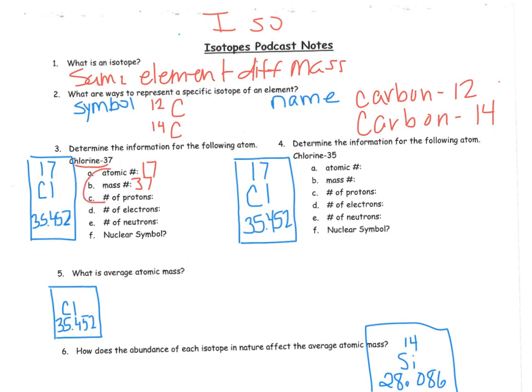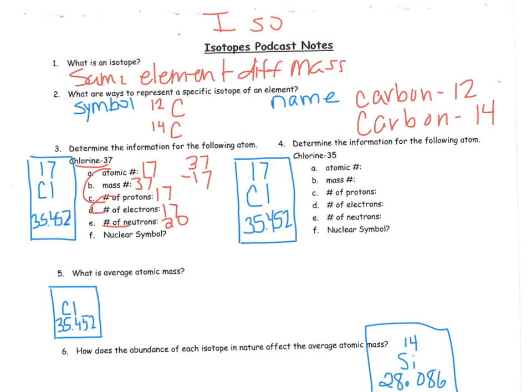These are always equal, so it has 17 protons. And for our purposes right now, protons equal electrons, and so there's also 17 electrons. Neutrons, you get those by taking the mass number minus the protons. So 37 minus 17 gives you 20. This isotope of chlorine, chlorine 37, has 20 neutrons.